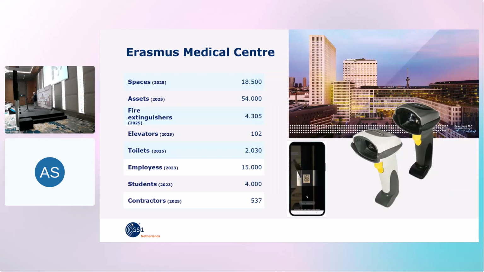The Erasmus Medical Center is a university hospital in the Netherlands, in Rotterdam, actually. 8,500 spaces, 54,000 assets, a lot of toilets, a lot of fire extinguishers to be checked every day.